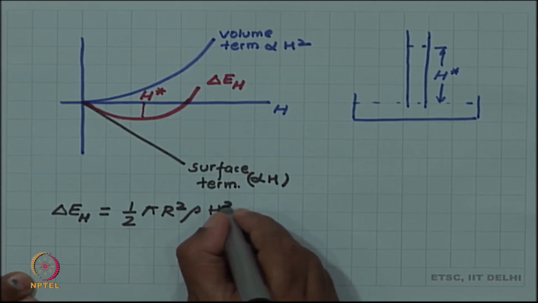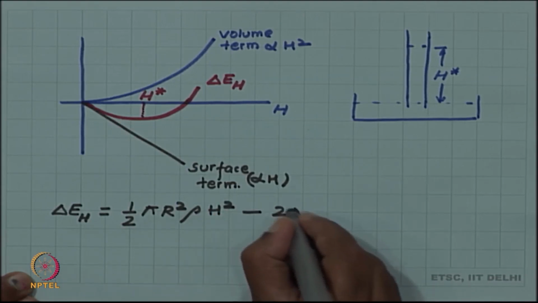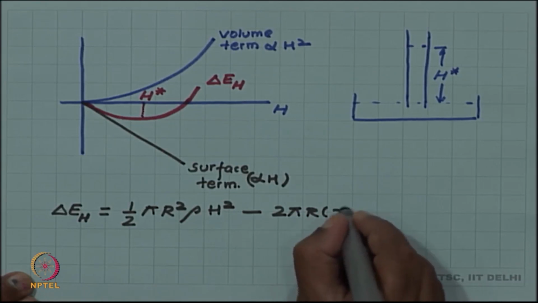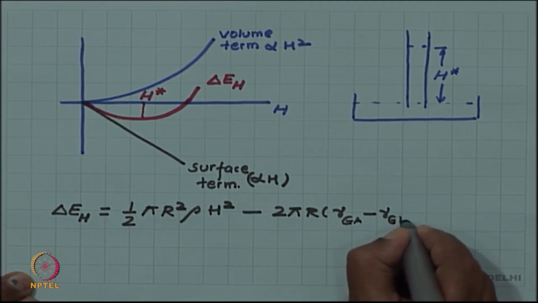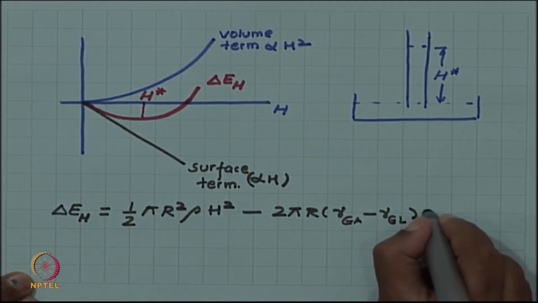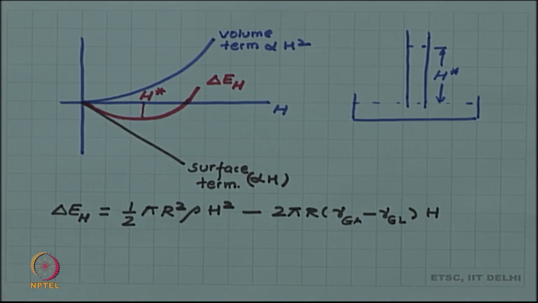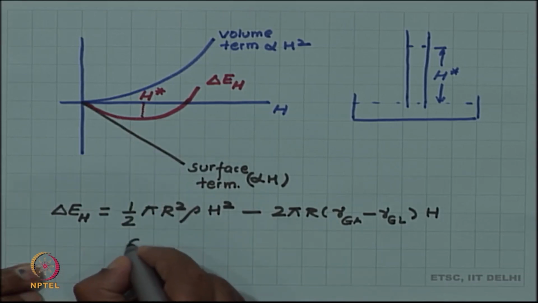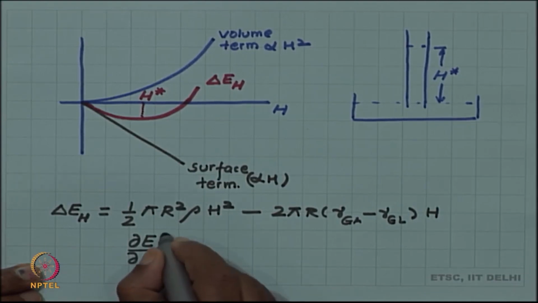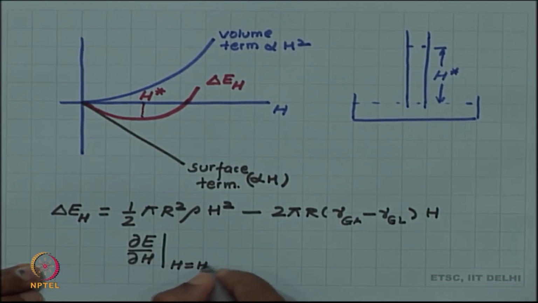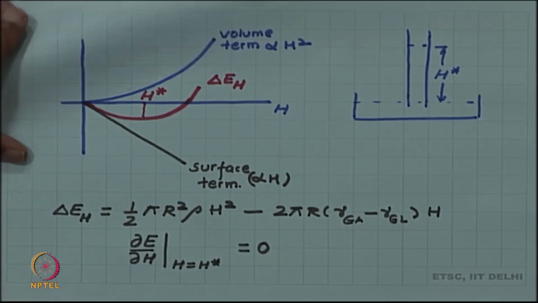So, we have this term, so for minimum we will need the condition to be 0. All you have to do is to differentiate this expression.